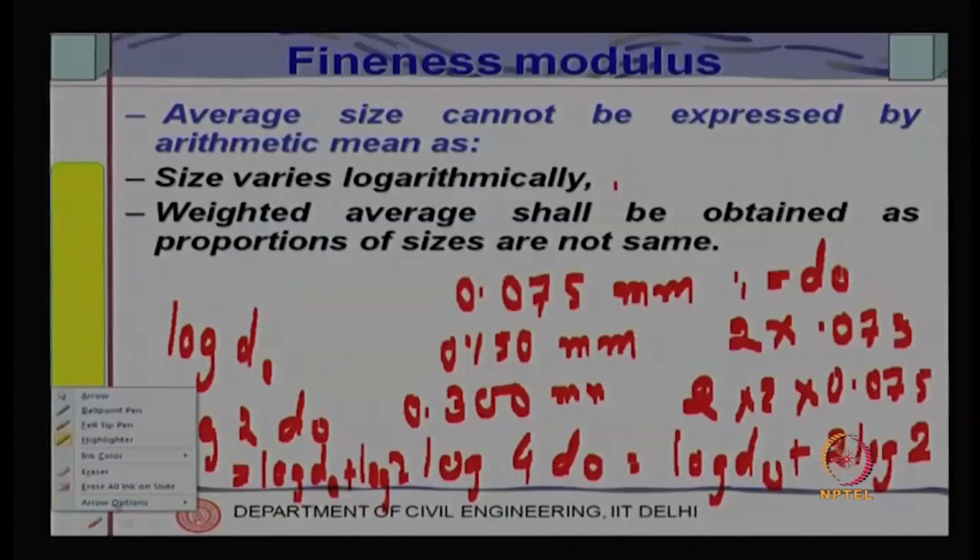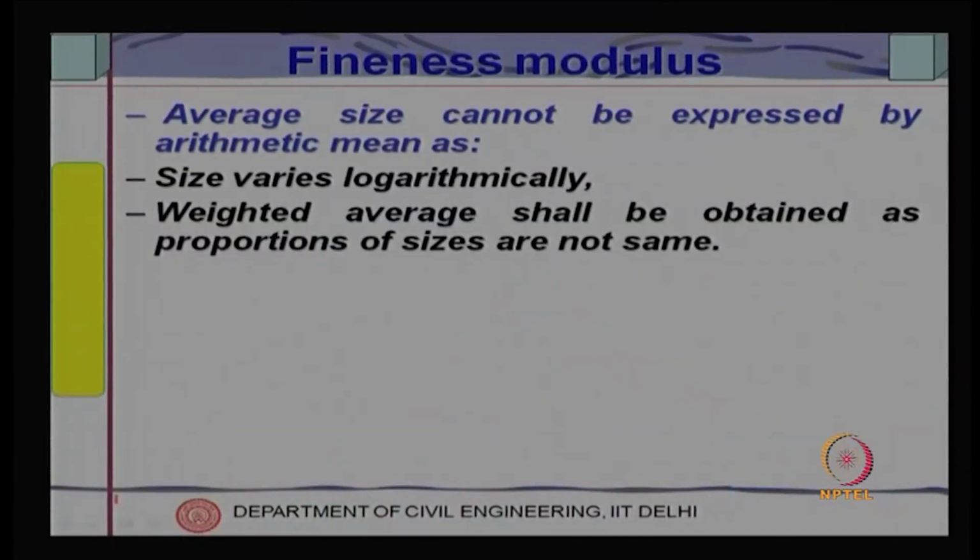So, when we talk of average size, we do not talk of average particle size, but we talk of average sieve number, and fineness modulus actually represents average sieve number.